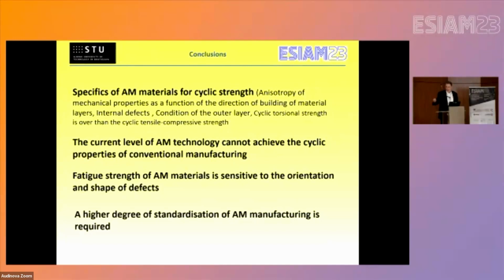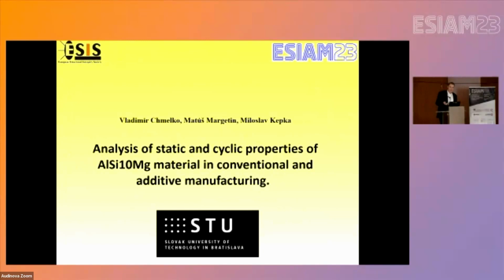This is not possible in conventional casting. Also, tests in the area of multi-axial fatigue lead to very big problems, so a way toward more standardization of AM manufacturing technology is very much required. This is the last slide of my presentation. Thank you for your kind attention.